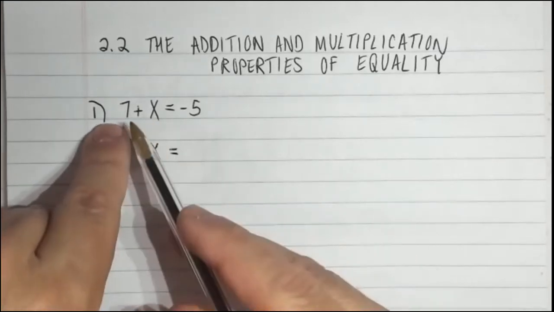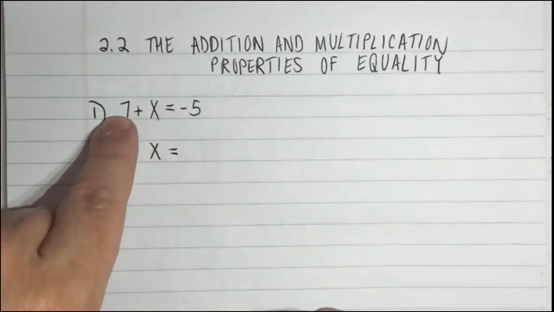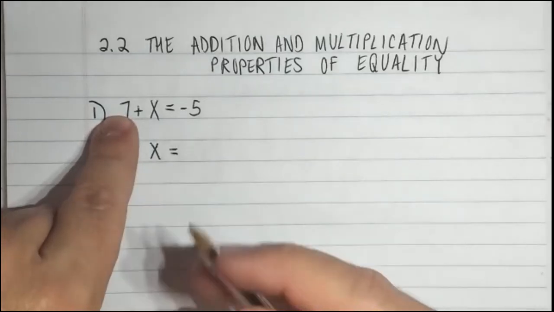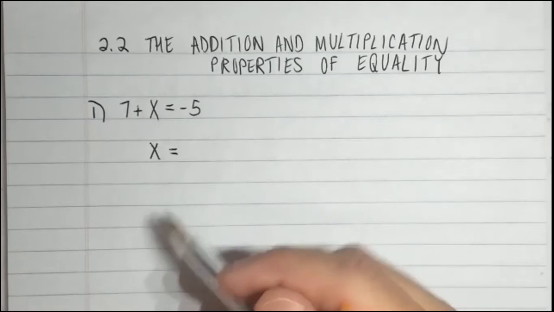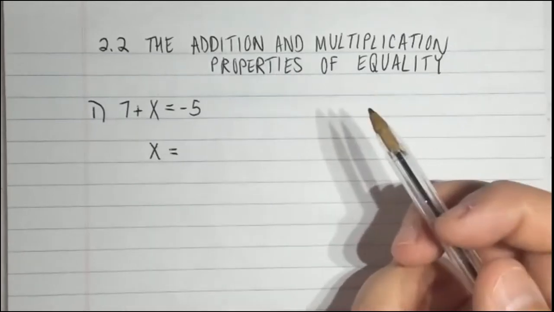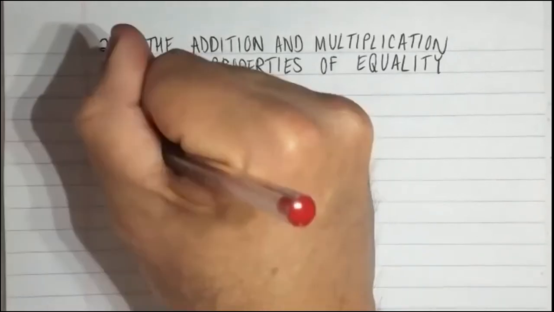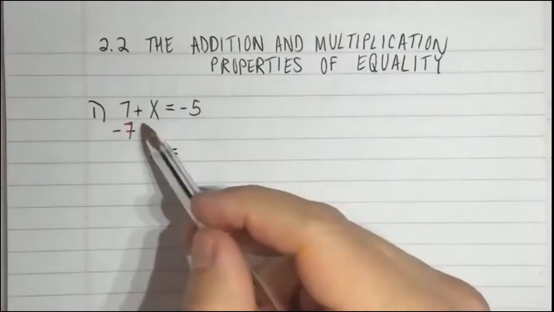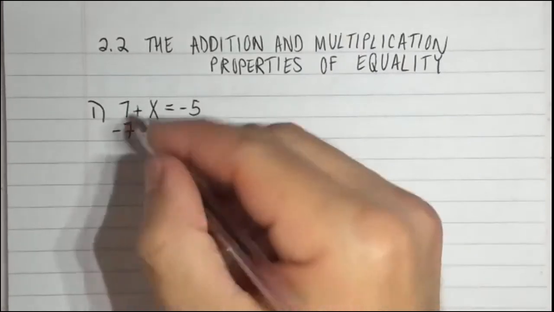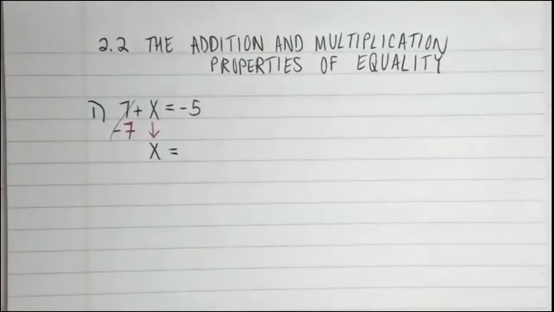So in other words, I need to get rid of that 7. That is a positive 7. If you remember the previous PowerPoint slide, what you do is what we call the opposite, or the inverse operation, of plus 7. The inverse operation of plus 7 would be minus 7. So if I had 7 and I took away 7, the 7s would be gone, and I would just be left with x.